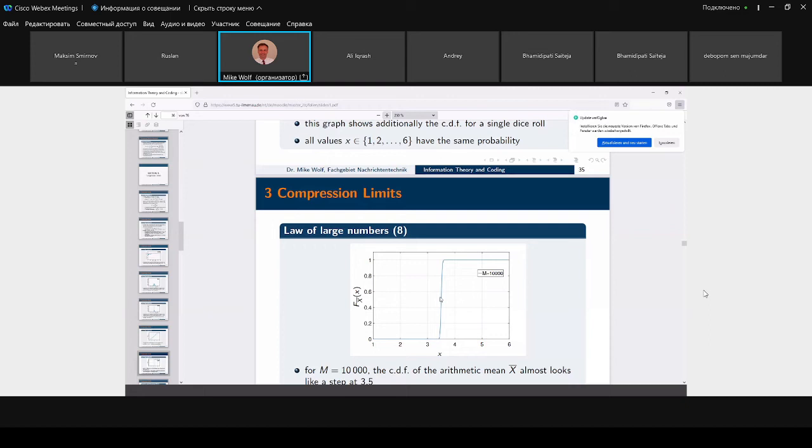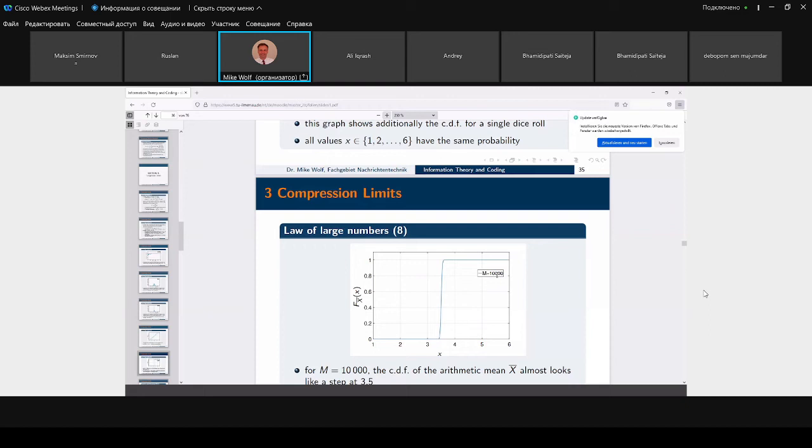So if I sum up 10,000 equally distributed probability mass functions, it looks more or less like a Gaussian distribution. But then I divide the result by m, and the width of this Gaussian distribution is quite small. The average value is 3.5, and the variance is very low, because the variance decreases with m.